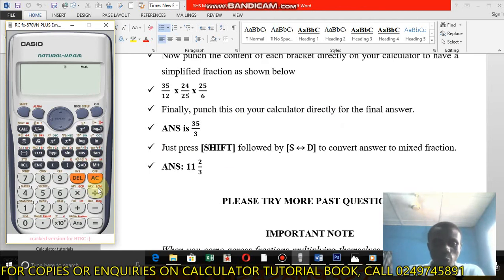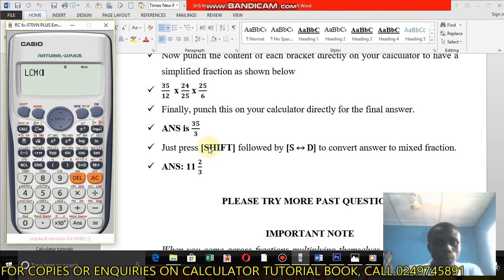As in our previous tutorial about the shift and alpha keys, before you can get a key labeled pink, you need to press alpha, because alpha is in pink, and LCM is also in pink. So before LCM appears on our screen, we will first press alpha, then we will press the division sign.